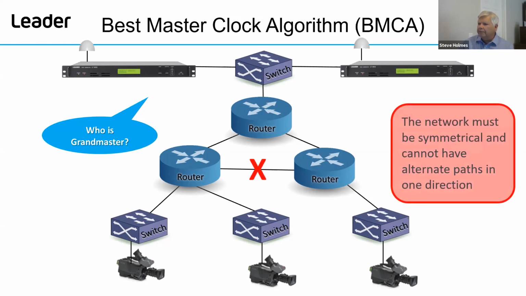The other piece of this, unlike regular IP networks, is that you cannot have diversity routing that is unidirectional, meaning that if I have southbound traffic going from the PTP sources at the top going down to, let's say, the bottom right-hand camera down there, the traffic going southbound and the traffic going northbound have to take the same exact route.